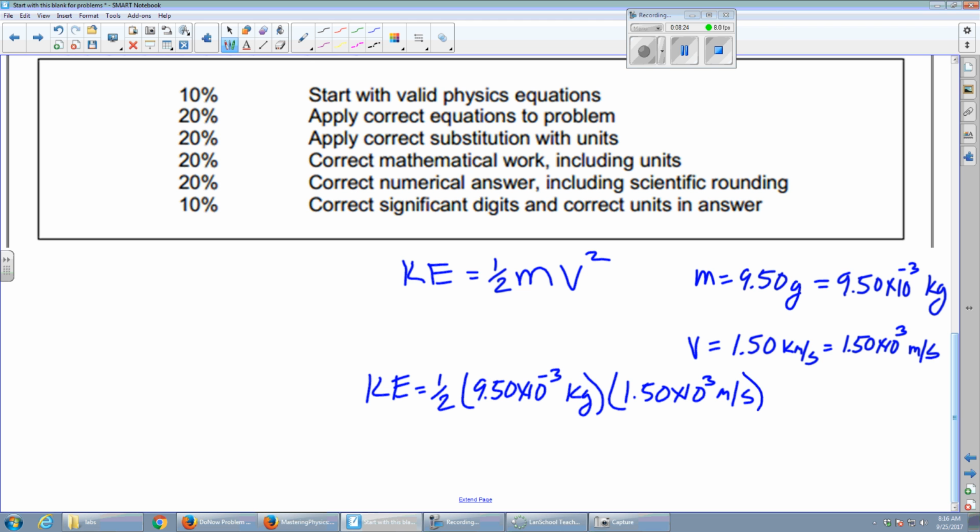The most common math mistake will be forgetting that squared term. I don't know why, but that tends to be a mistake. The other common calculator mistake is to use minus rather than negative when you put the exponents on in scientific notation.